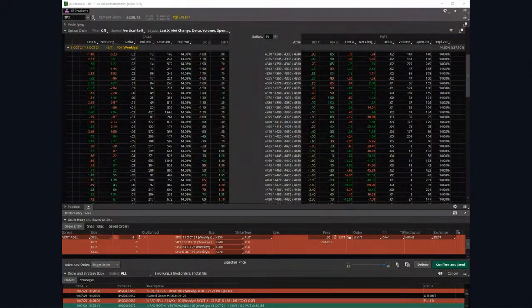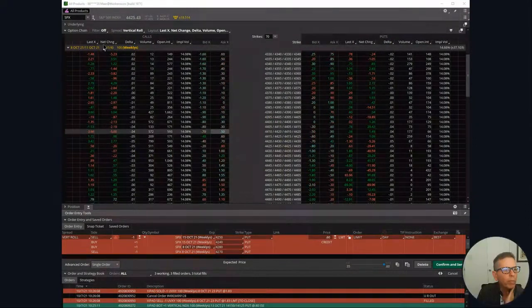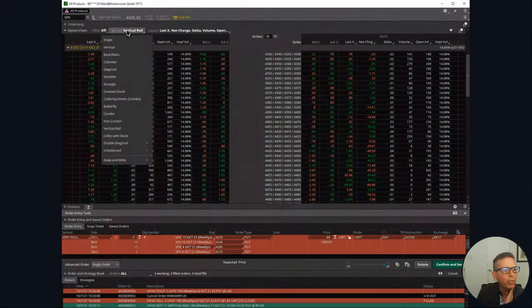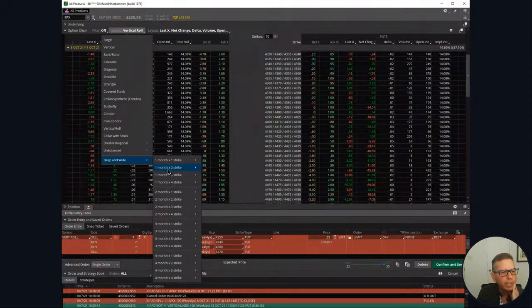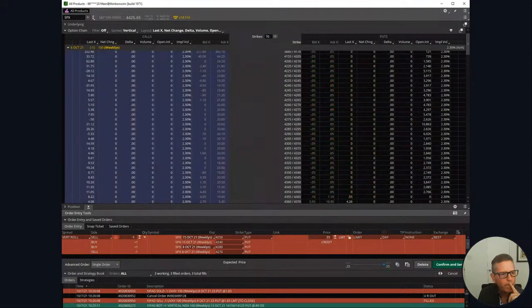So here is the option screen. Now what I'm going to do here is I'm going to go to deep and wide. I'm going to select 1 month, 2 strikes. Okay.